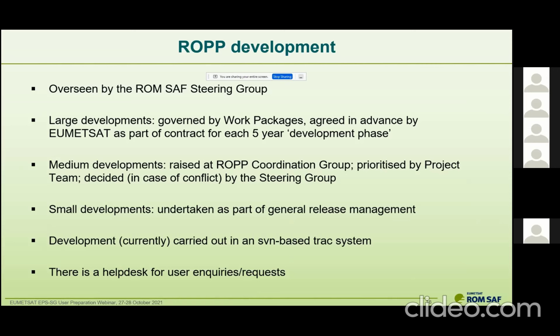Medium-sized developments, we have these coordination group meetings, trying to decide which ones are most important, and if there's a dispute that can't be resolved, then the steering group will choose what to do, and small developments we just do as part of the general release management.